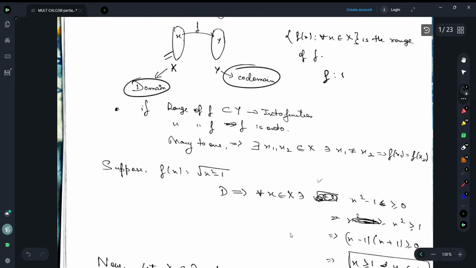So when we had a mapping from D to R, this D, the elements which are getting mapped, the set of those elements was called the domain of the function, and R is called the codomain of the function.